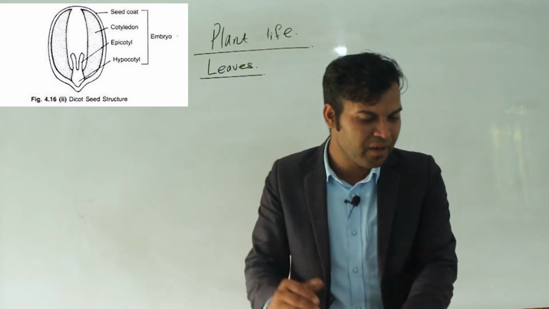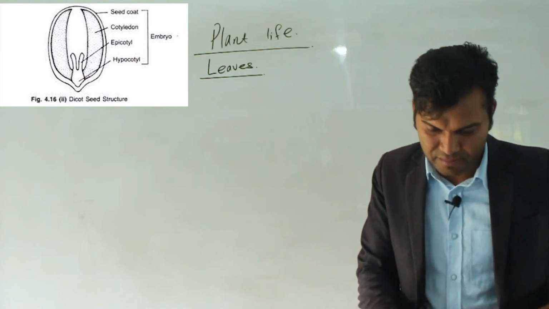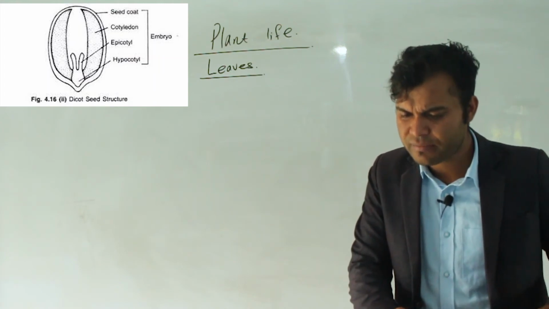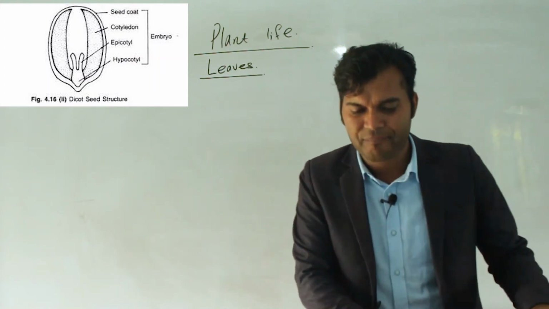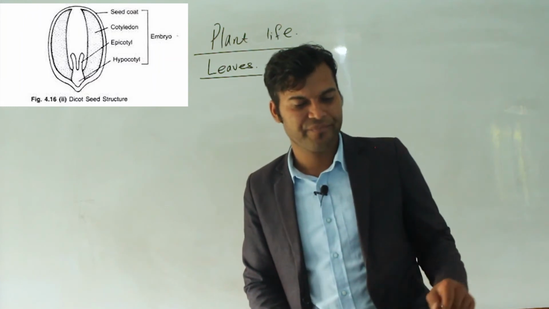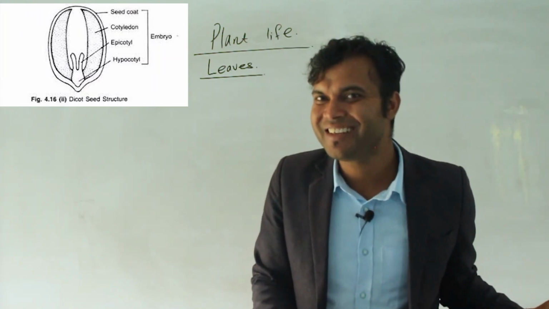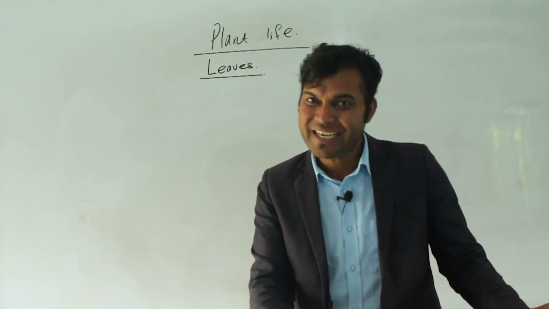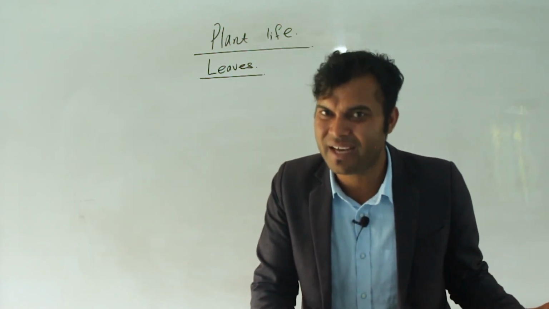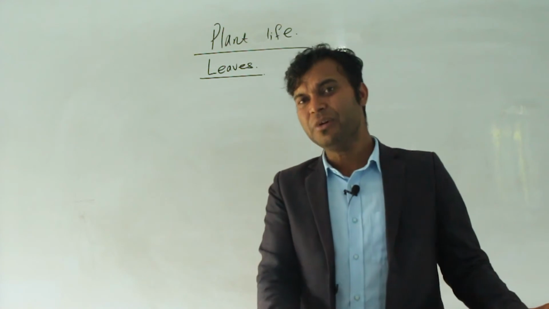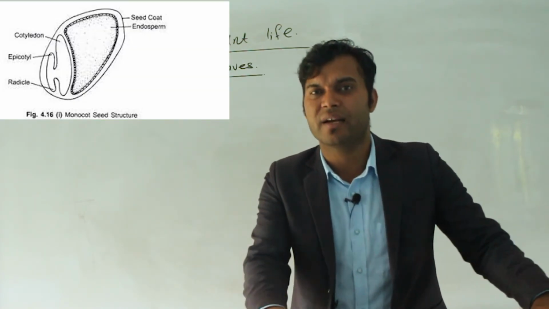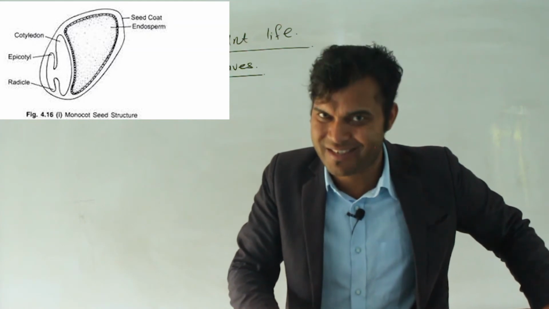What are examples of dicotyledons? Please say. Mango seeds. Yeah, mango seeds, beans, etc. are examples of dicotyledons, isn't it? Okay, and those seeds which cannot be separated into 2 cotyledons are called monocotyledons.